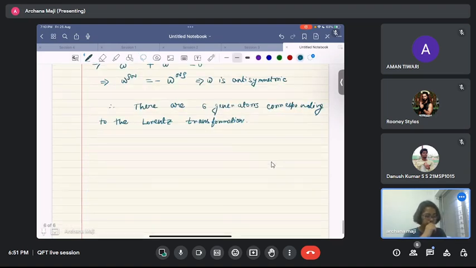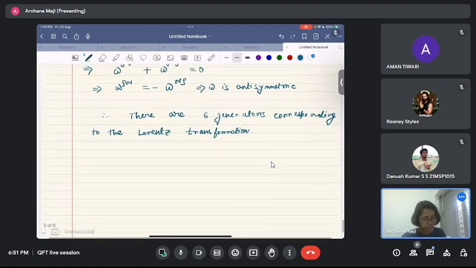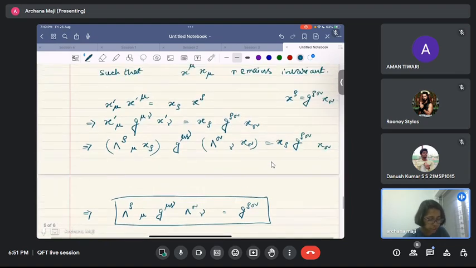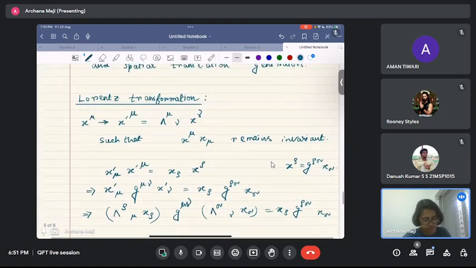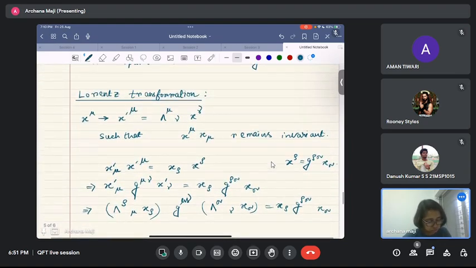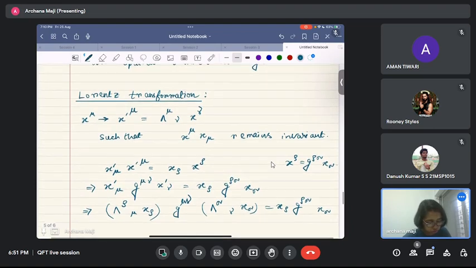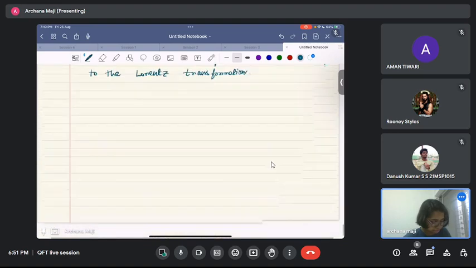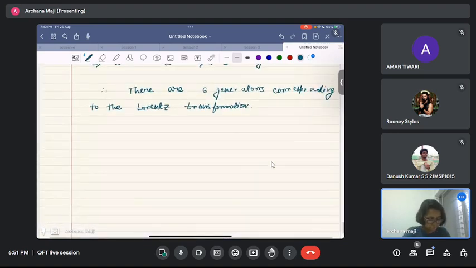Okay, having said this, now let us see what the generators for Lorentz transformation are.